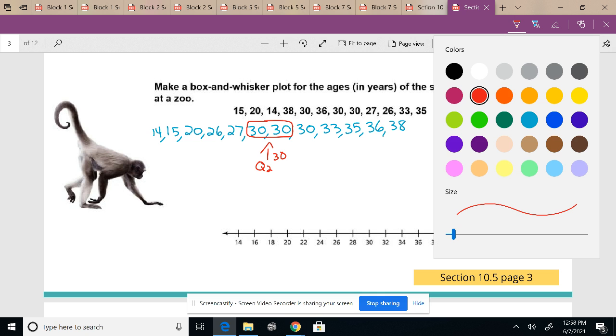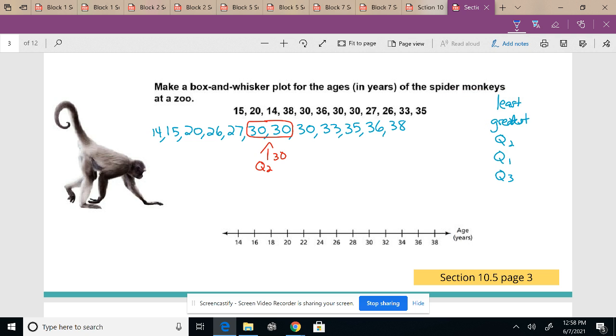Now, to find quartile 1, because this 30 right here is not the true median, you're using that 30. So it should be right smack in the middle. And if you remember, you do 20 plus 26 and divide by 2, and you're going to get 24.